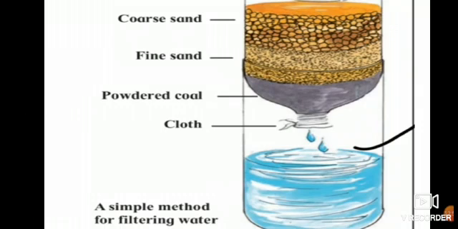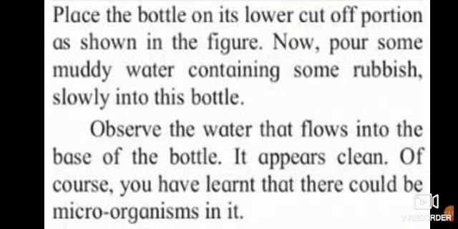See, you can see here, it is bluish, it is clean. Of course, what you have learned is that there could be microorganisms in water. You have learned that there could be microorganisms in it.